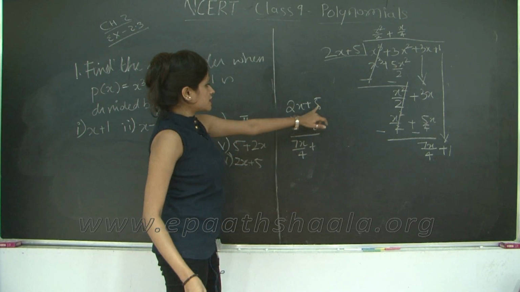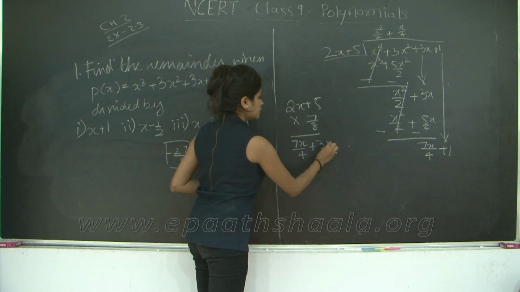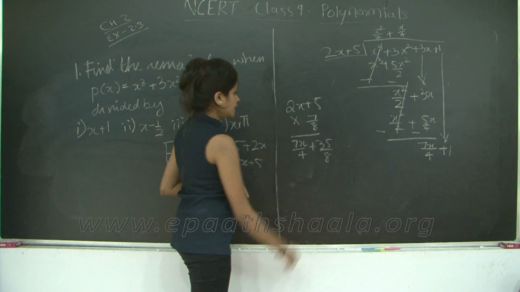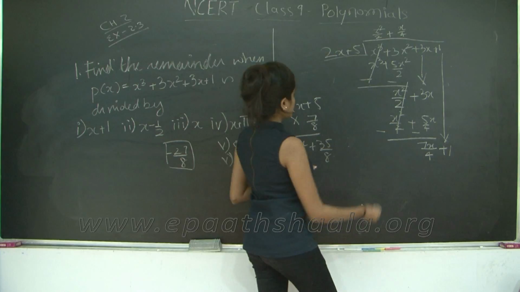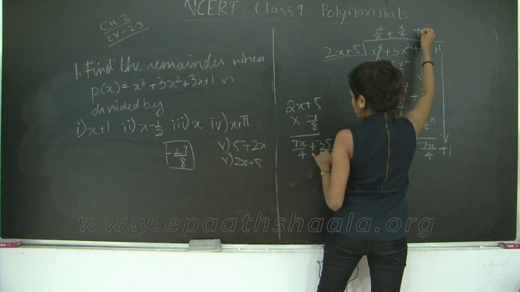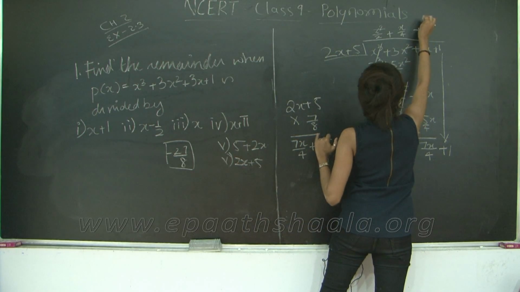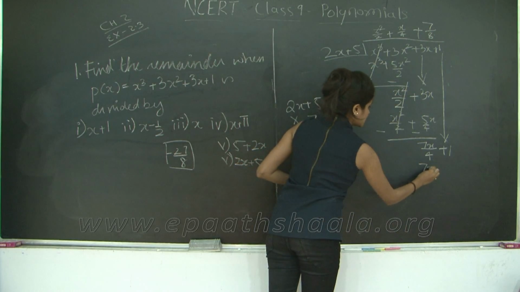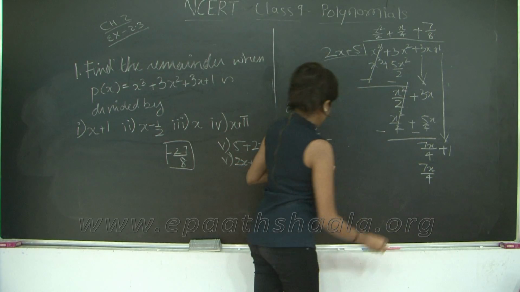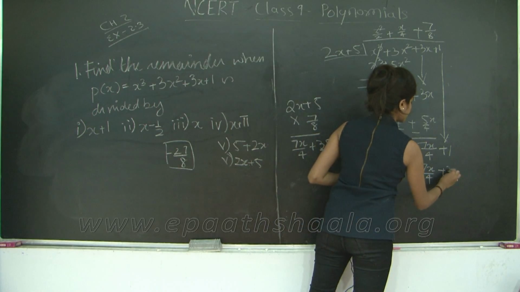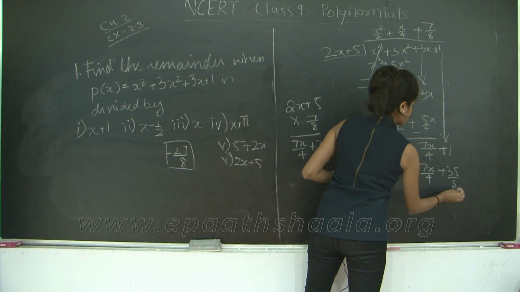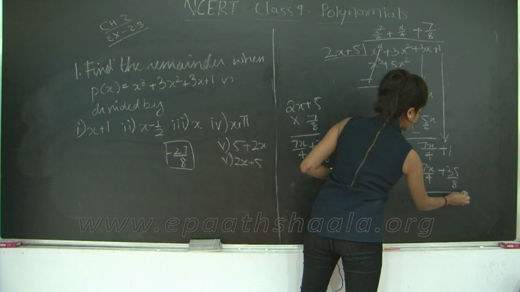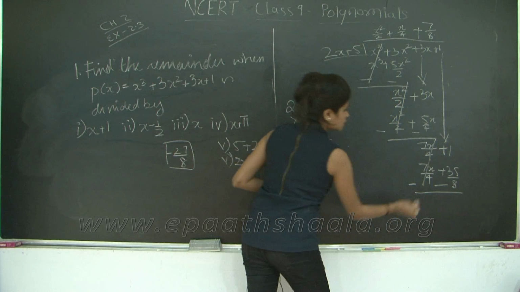And this calculation is simple. 5 sevens are 35 upon 8. So 2x plus 5 into 7 upon 8 gives me 7x upon 4 plus 35 upon 8. This term cancels out.